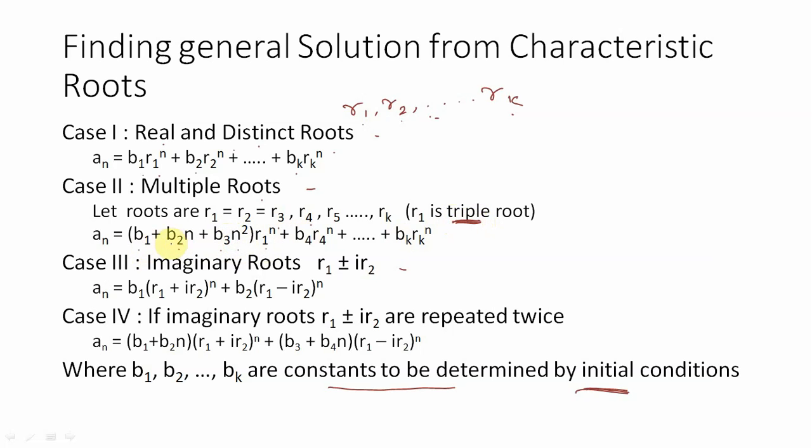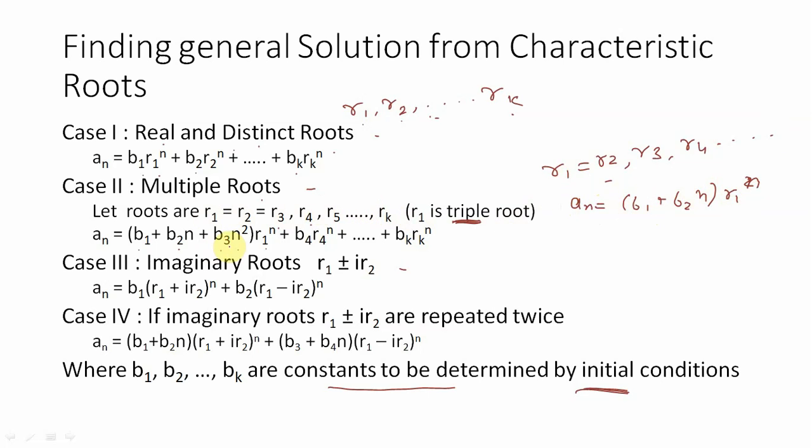So it will be B1 plus B2n plus B3n square. Say for example, if R1 is equal to R2 and then R3, R4 and so on, then if it was a double root, it would have been An is equal to B1 plus B2n, simply R1 to the power n.